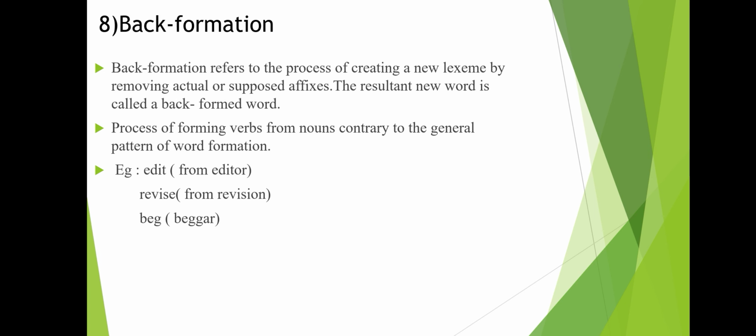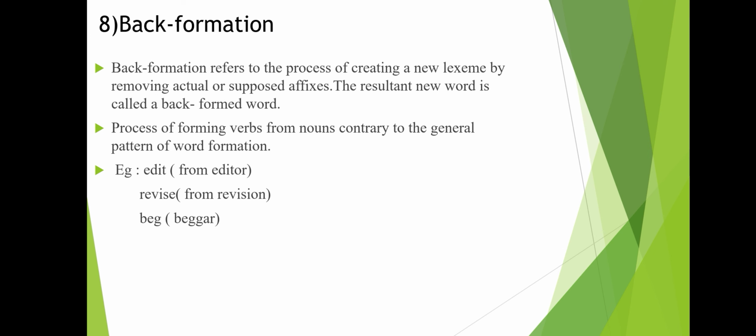Then the next one, back formation. In easy terms, or in simple terms, we can say that back formation is the reverse process of derivation, because derivation or affixation is attaching affixes to a stem, but here we are removing affixes from a stem.